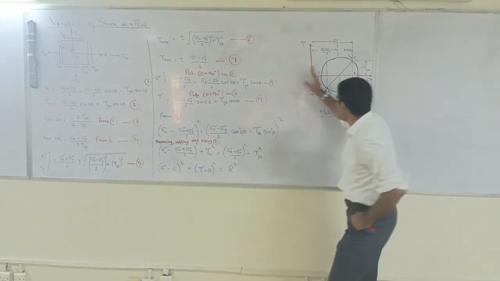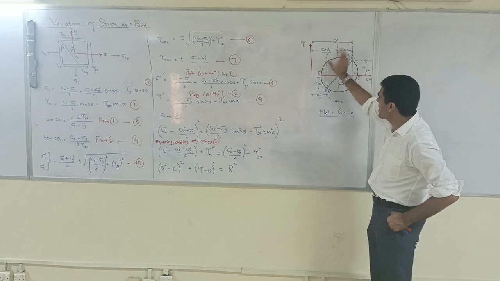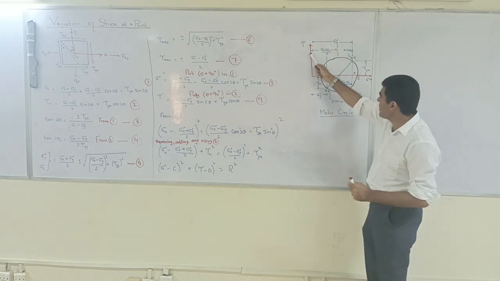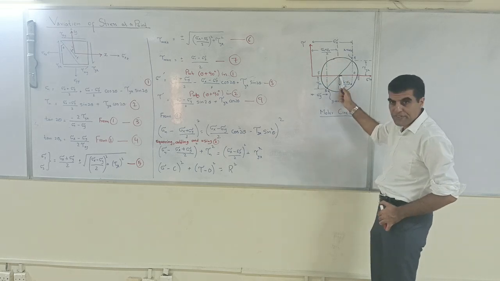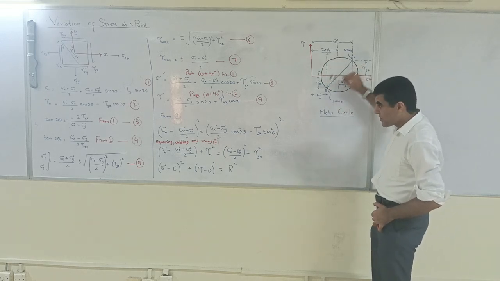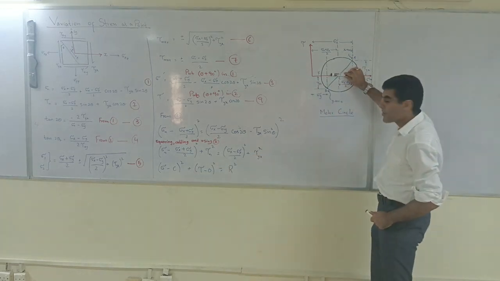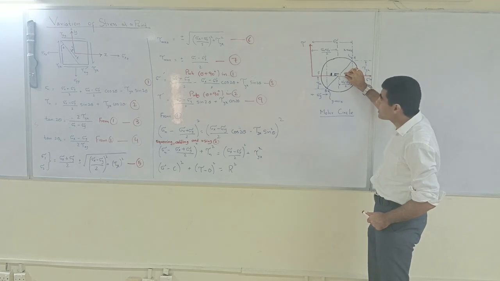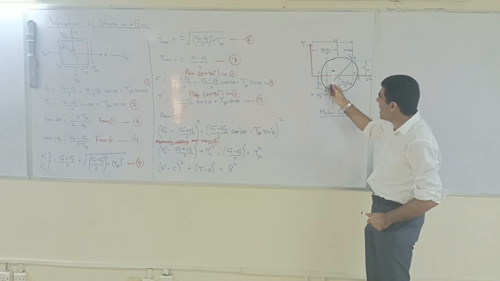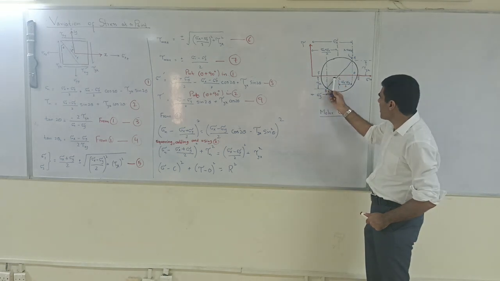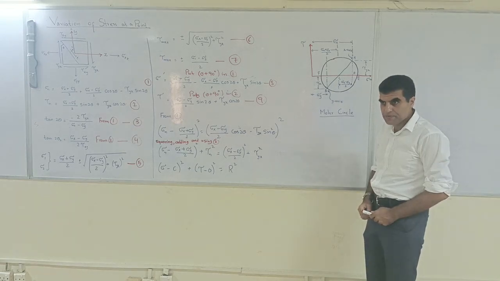So I have offset my circle at C, which is stress x plus stress y divided by 2. And it is not offset for the second variable, it's at 0, so that's why my circle is exactly on tau equal to 0 and stress equal to stress x plus stress y divided by 2. Agreed?